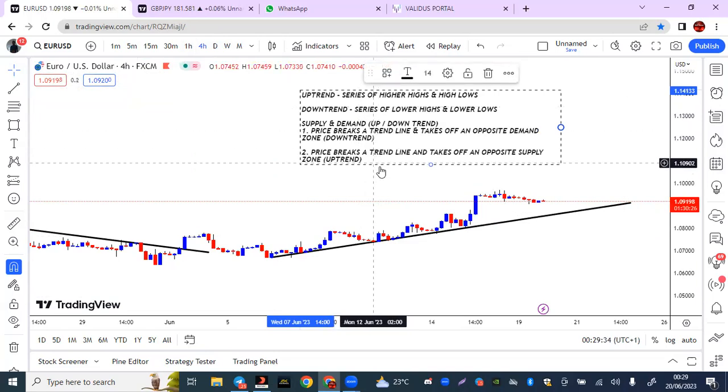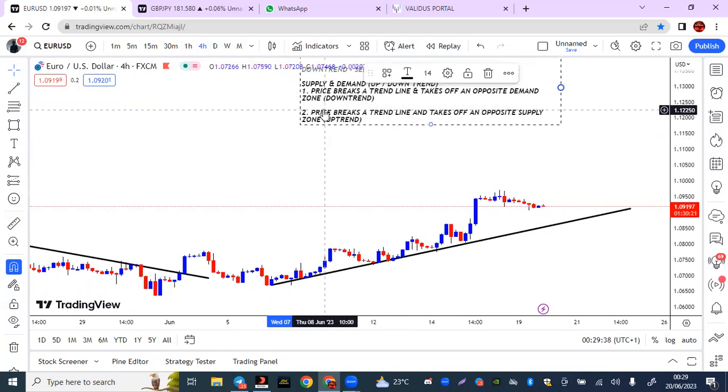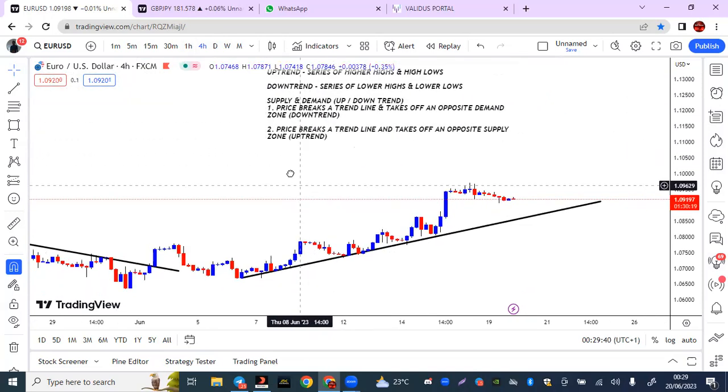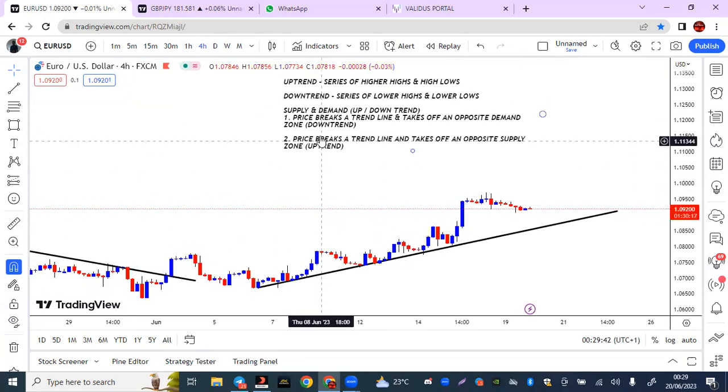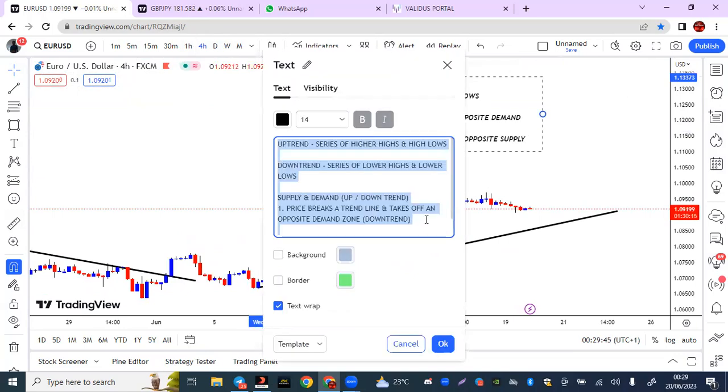Now there are some cases where the market might be choppy, and drawing a trend line might not really be feasible.